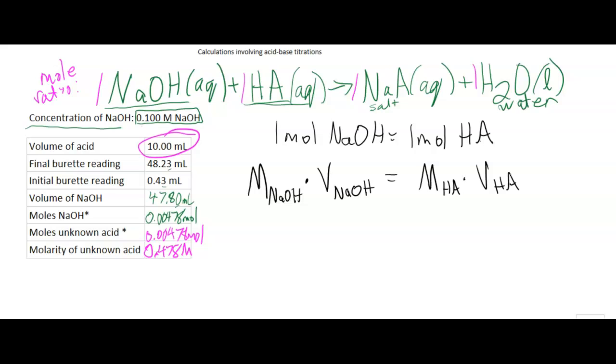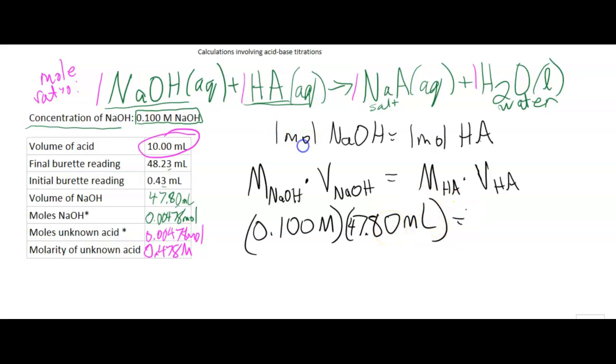So essentially, I've derived a new equation that I could use to convert between the molarity and volume of our sodium hydroxide and the molarity and volume of our acid. So let's see whether this works. The molarity of my sodium hydroxide was 0.100 molar. My volume of sodium hydroxide was 47.80 milliliters. I'm not even going to convert it. I want to look for my molarity of HA. That's what I'm solving for.